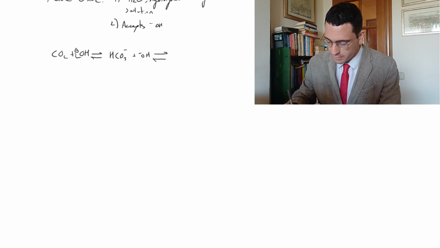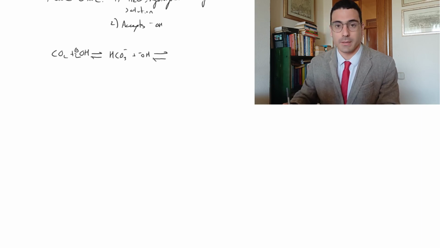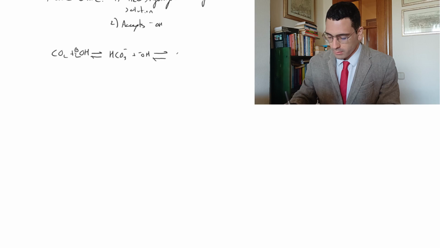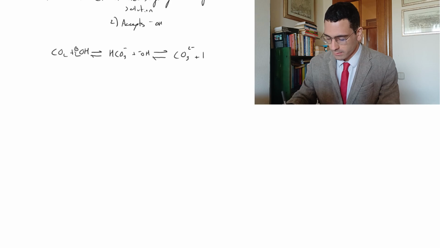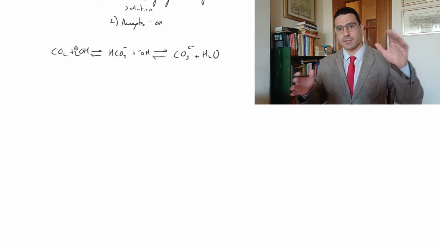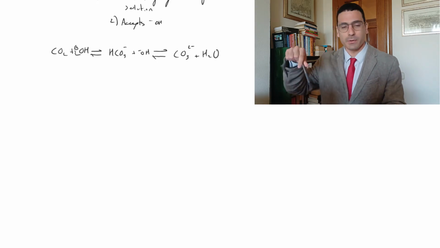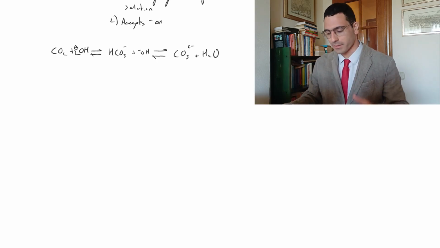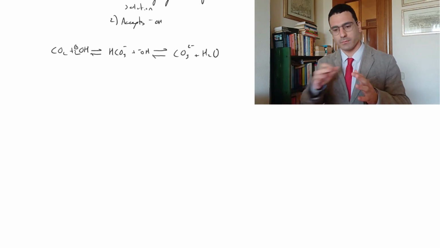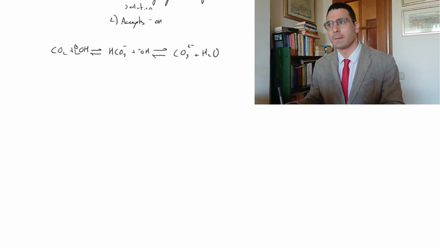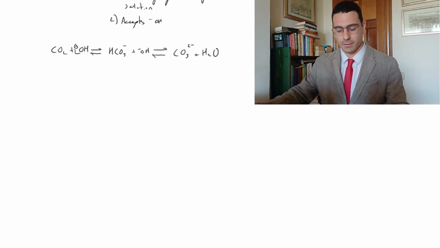And then the hydrogen carbonate is in equilibrium with carbonate, which is CO3 2 minus, and water. Now, carbon dioxide, carbonic acid, here we've got the carbonate anion, but carbonate is of course in equilibrium with carbonic acid.